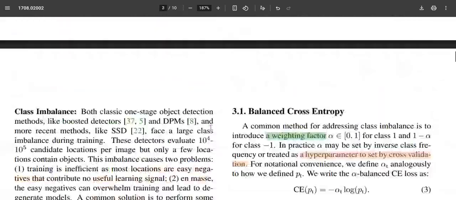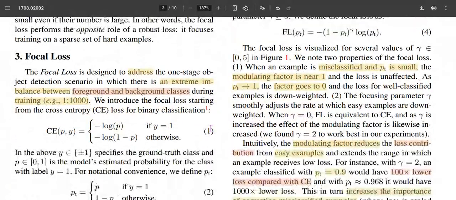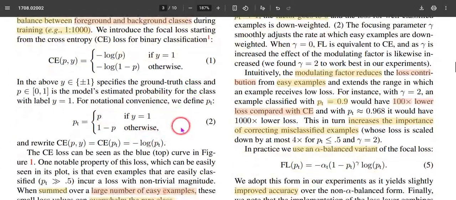So this new loss is in section 3. A standard cross entropy loss is given by equation 1, and by setting up equation 2, we can easily reformulate equation 1.